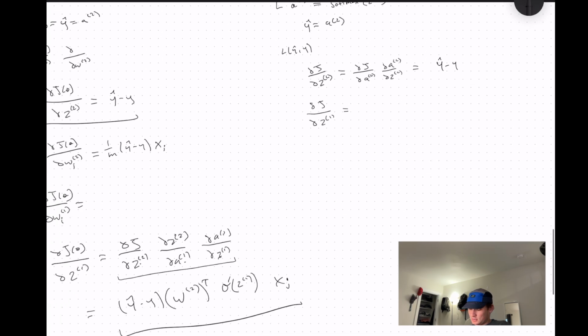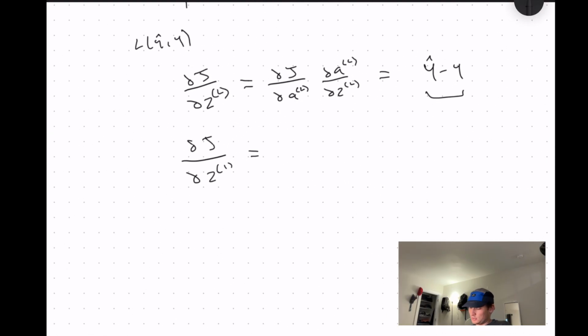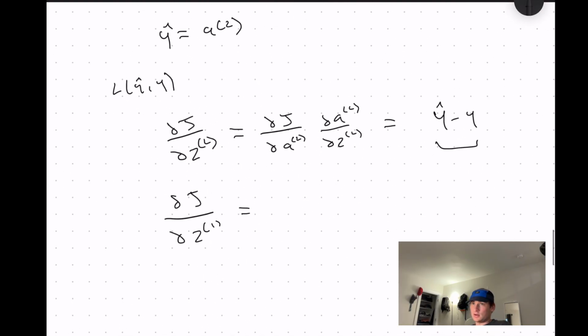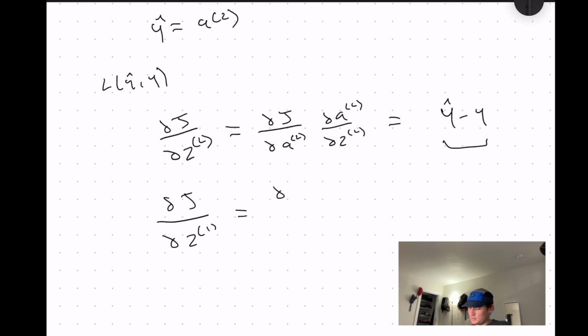So in that case, it's the last layer, which is where the y hat minus y came from. But in terms of an arbitrary layer, you can just leave it like that.